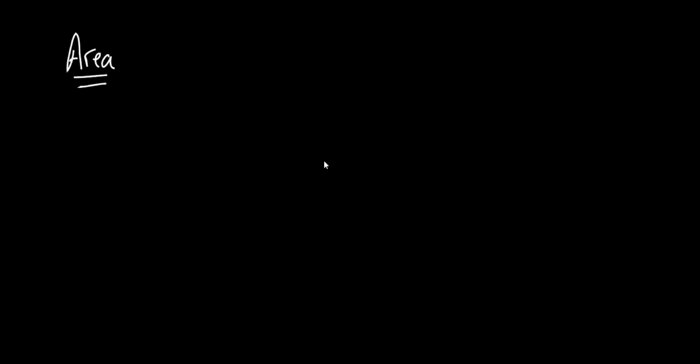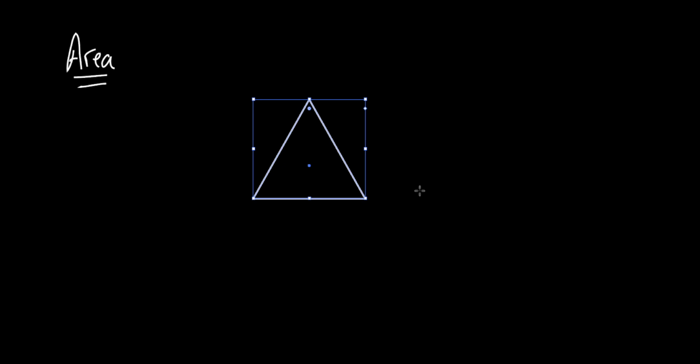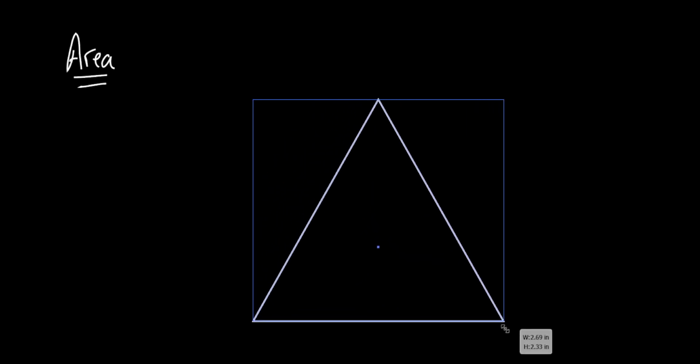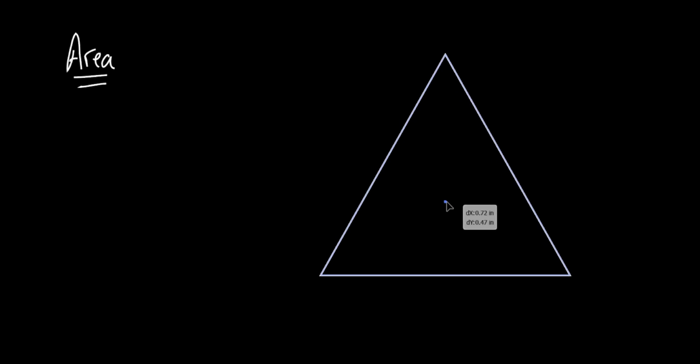So let me draw a triangle here, and it's going to be an equilateral triangle. What does it mean to be equilateral? All the sides are equal. Very good. Somebody's listening, that's great. So it's equilateral.